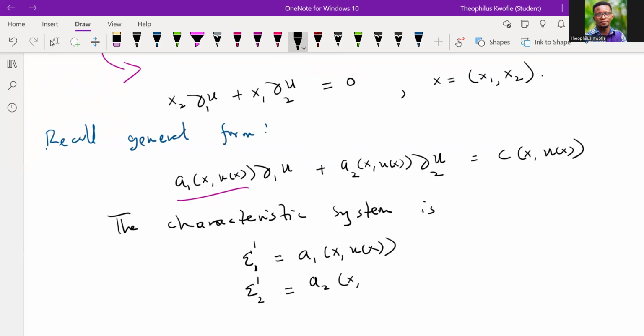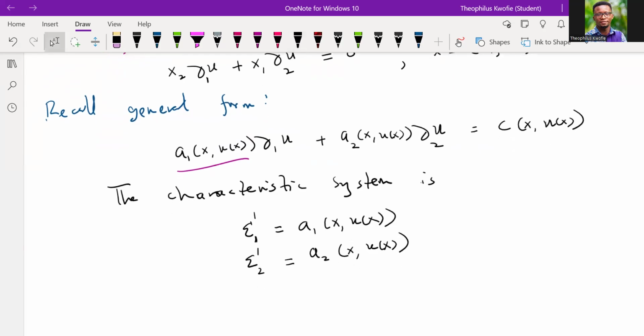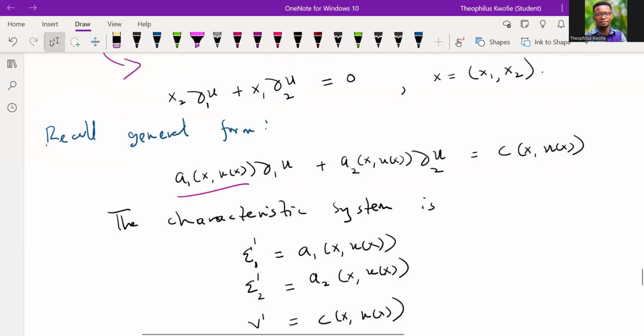And the derivative of v, we said it is always equal to your c. Please, are we all getting it?